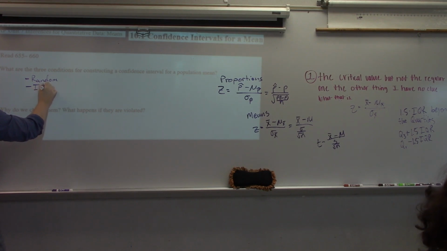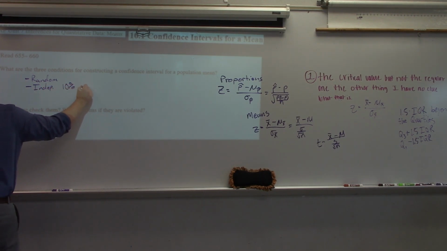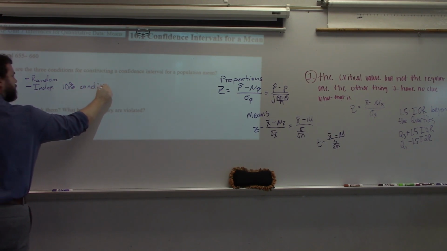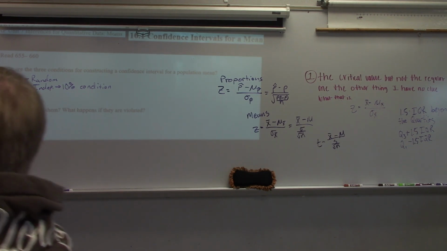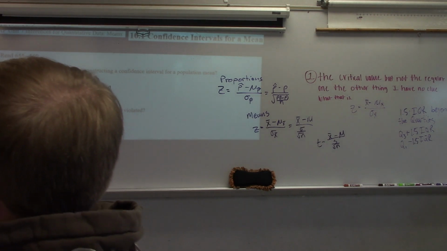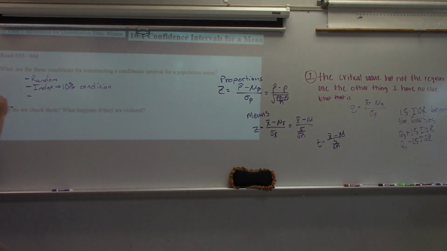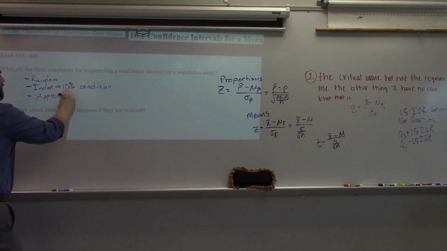So what do we check for that independence of selection? 10%. That's my 10% condition. Last one. The three parts of the central. Well, you're going too detailed to start. What do you have to have in order to use Z or T? Approximate normality, right? Approximately normal.